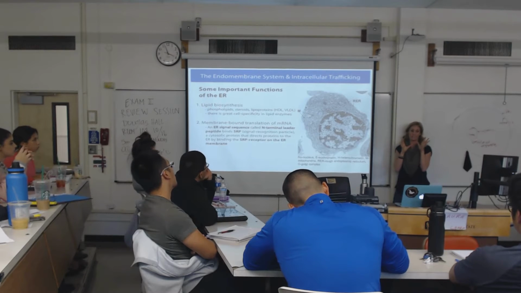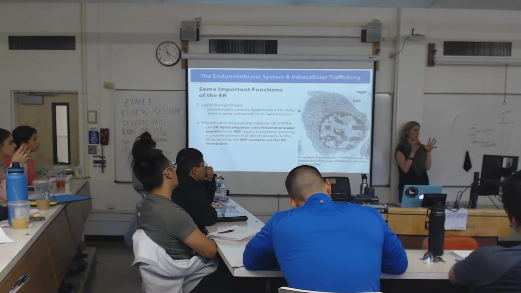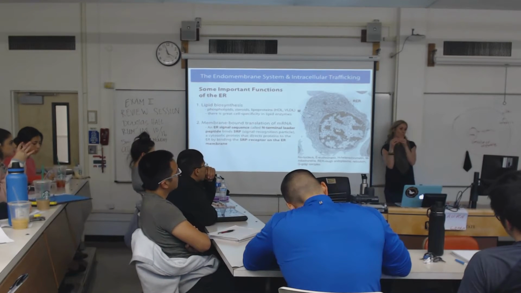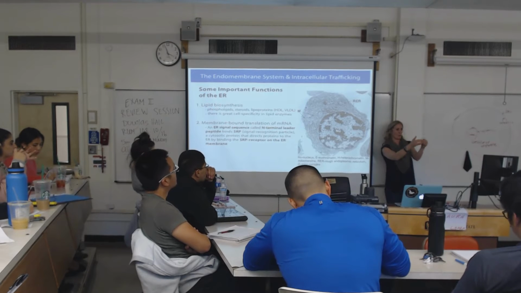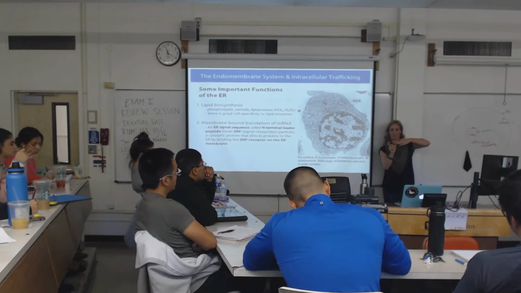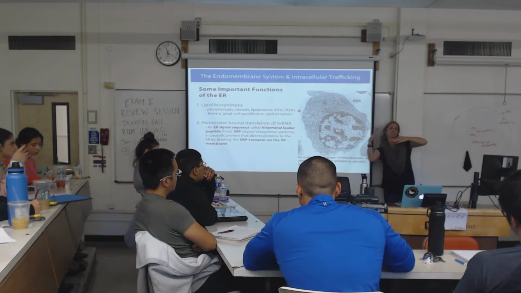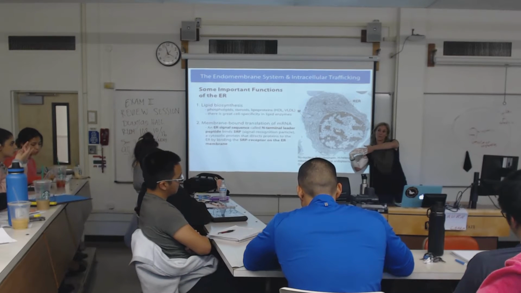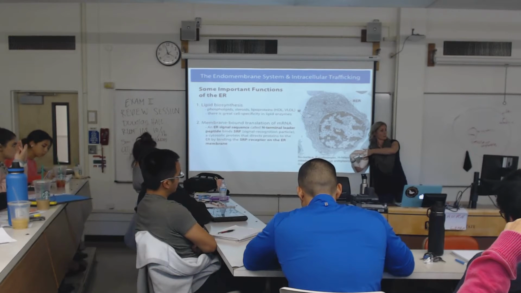So all of those pieces need to be there in order to get a protein that is destined for the ER to the ER. To get a ribosome from free to bound state, it needs to be translating a peptide with the ER signal sequence. SRP has to be there to find the signal sequence, and then SRP needs to be recognized by the SRP receptor. And that's how we get it bound.